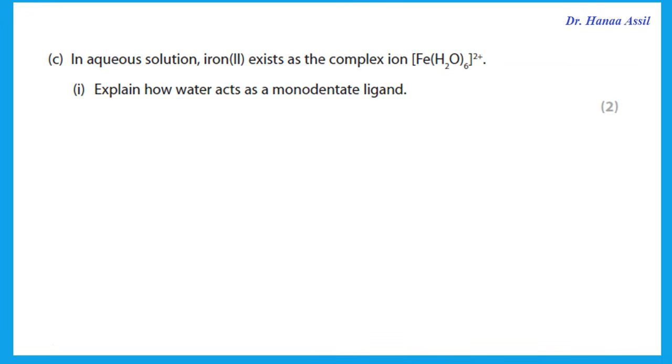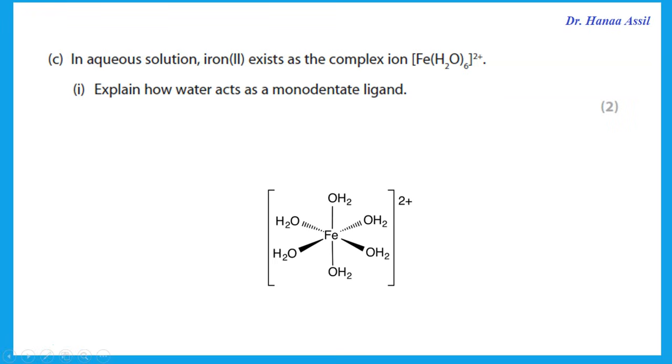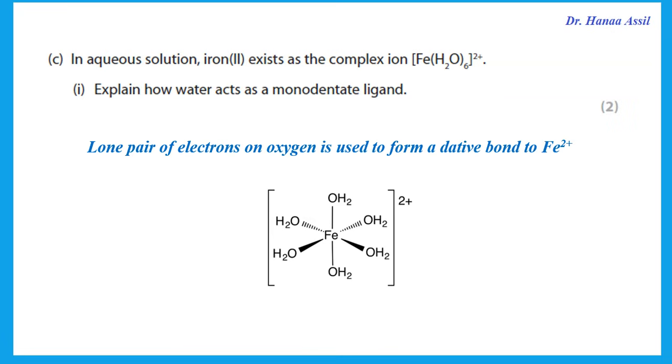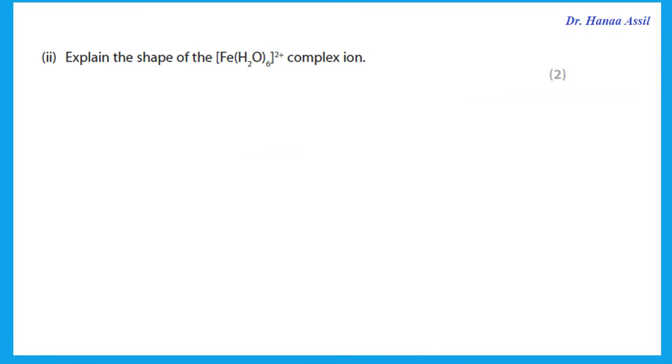In aqueous solution, iron 2 exists as this complex ion. Explain how water acts as a monodentate ligand. Remember that water is a monodentate ligand. That means each molecule forms one dative bond to the central ion. This is because the oxygen has a lone pair of electrons that can be used to form a dative bond to the central metal ion.